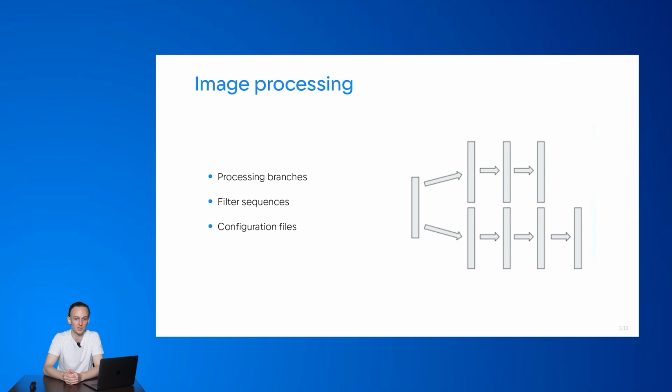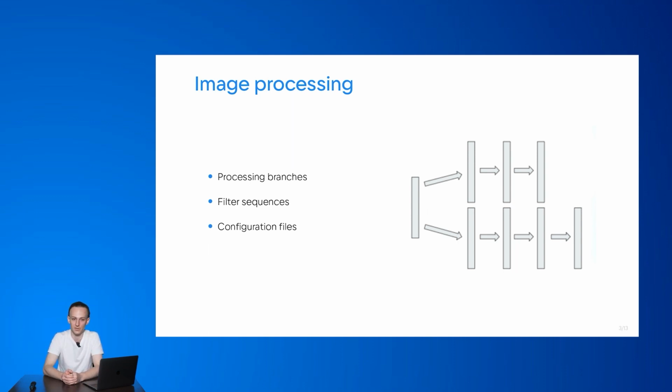All the computer vision, if we are talking about monocular vision, starts from the single image. And if we want to detect several objects, let's say in the problem of basketball, we want to detect both the basket and the ball, we have to perform the calculations and object detection in several branches of processing that are outlined as a scheme in the slide. So all the processing is performed in sequences, and the output of the previous filter, as we call them, is the input of the following filter.